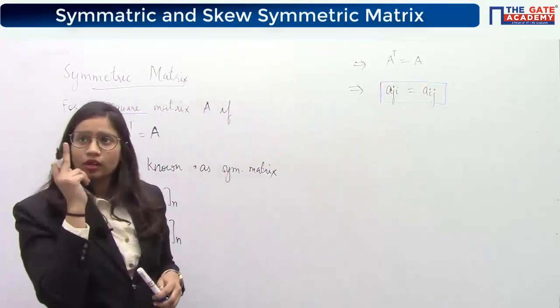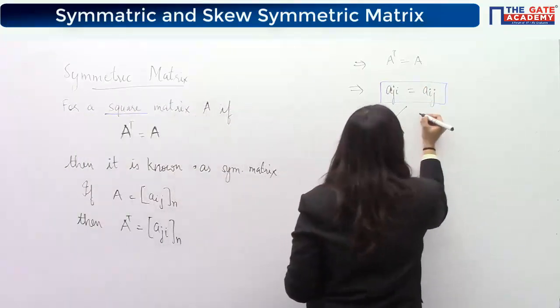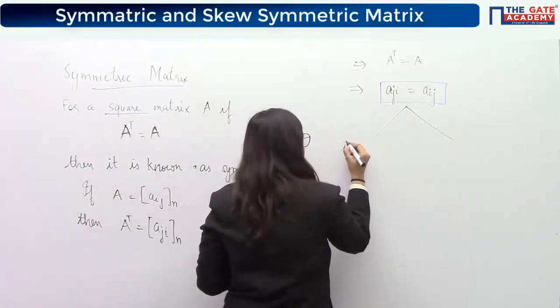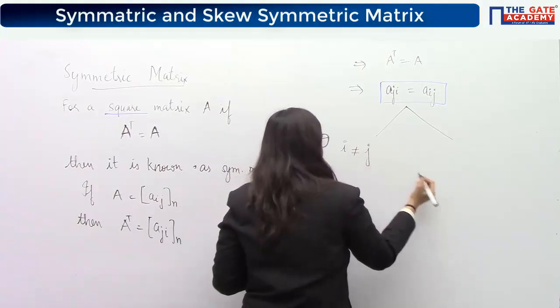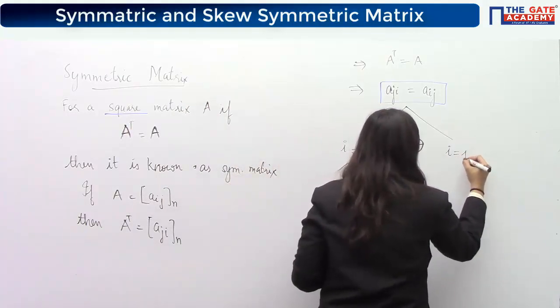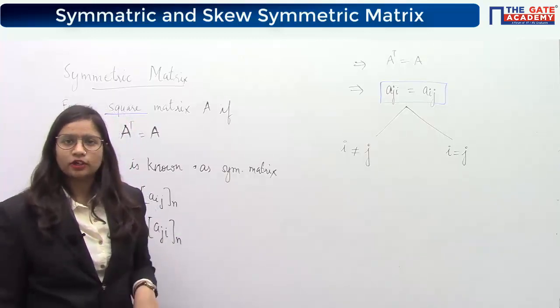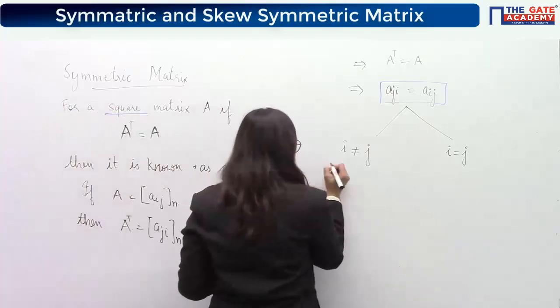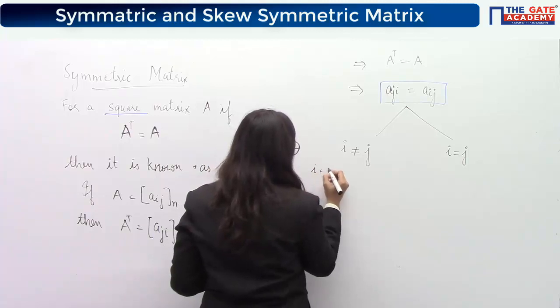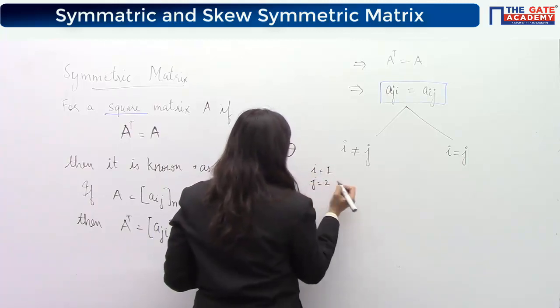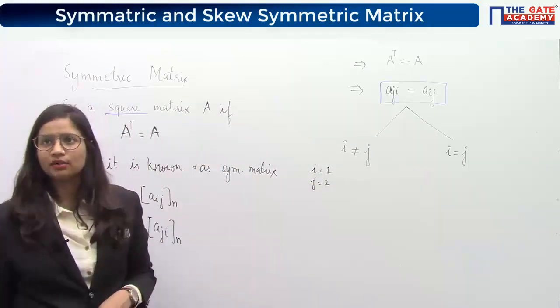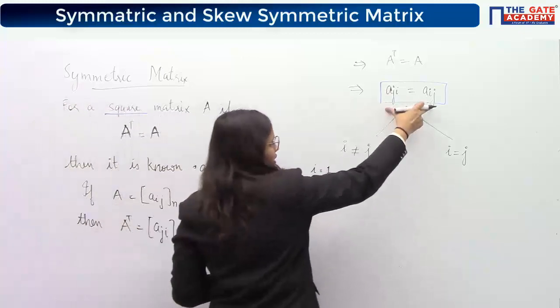Now let's look at the two cases. The first case is when i is not equal to j, and the second case is when i is equal to j. Let's say i is not equal to j. Let's say i is equal to 1 and j is equal to 2. Then what is this condition giving me?